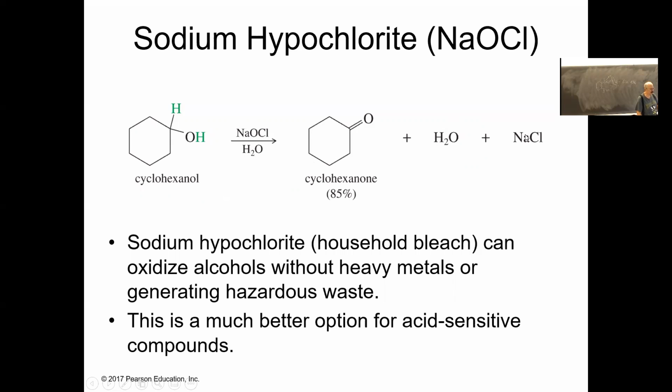The byproducts are ordinary salt, and if we're using acetic acid, then vinegar. So our byproducts would be salt and vinegar, which are very readily disposed of. The disadvantage of this is that we don't observe the color change that takes place like with dichromate.